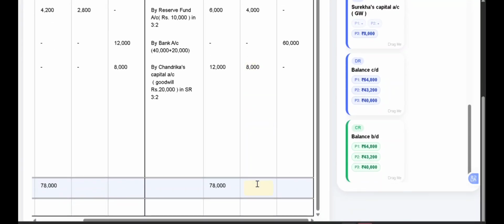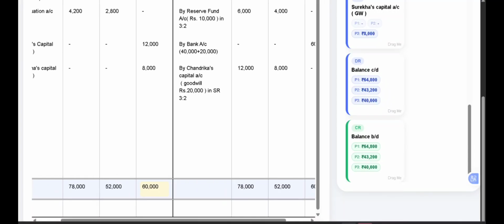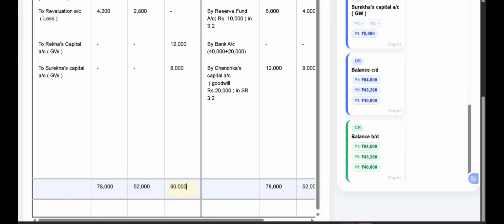Total Surekha's account 40,000 plus 4,000 plus 8,000 will be 52,000. Again here credit side is higher, so we are going to write it on the credit side amount 52,000 on both the sides. And for Chandrika it is 60,000, so write 60,000 on both the sides.